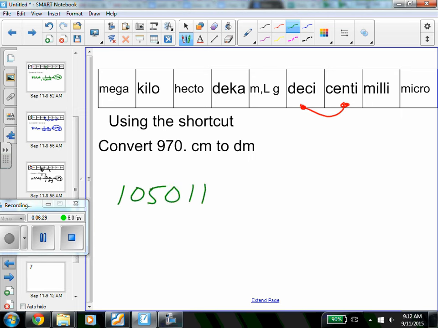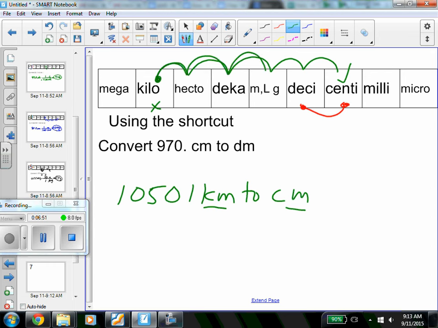10501 kilometers, a big number here, and I want to convert to centimeters. So I'm going to convert kilometers to centimeters. Well, here's kilometers. Here is centimeters here, so that's where I want to end up. So I'm going to go 1, 2, 3, 4, 5 places to the right. So you start here. You go 1, 2, 3, 4, 5 places to the right. So here's my decimal point right here, right?